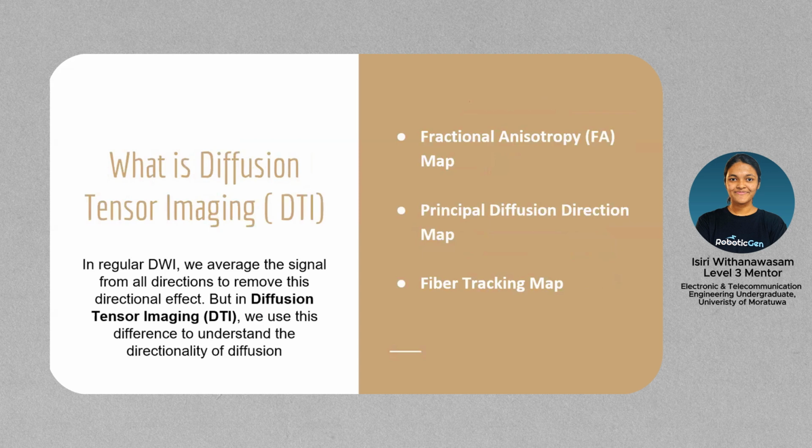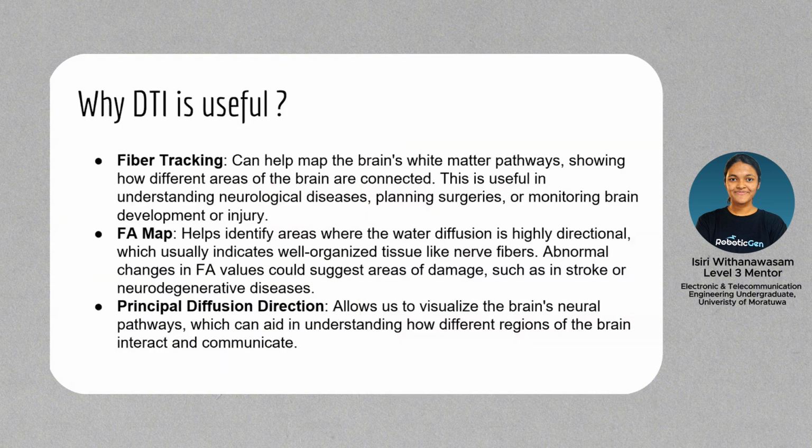It takes advantage of the directional movement, and to recognize which direction the diffusion happens in, it uses three methods: fractional anisotropy mapping, principal diffusion direction mapping, and fiber tracking mapping. Diffusion tensor imaging is useful because it can help to map the brain's white matter pattern.